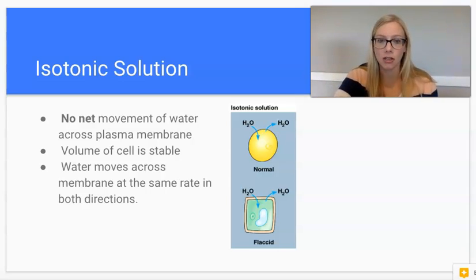So this means that the volume of your cell is stable and water moves across the membrane at the same rate in both directions. Here we can see an animal cell, for instance, with water moving in and water moving out. And here's a plant cell, we can see water moving in and water moving out, and it's at the same rate. So we say there's no net movement.